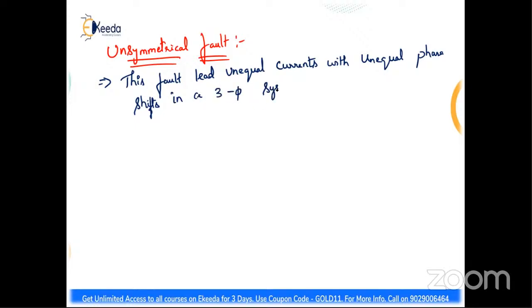Understood? So these are the symmetrical faults and the unsymmetrical faults. Both occur irrespective of any causes in the three-phase system. So that is the answer, both symmetrical faults and unsymmetrical faults.